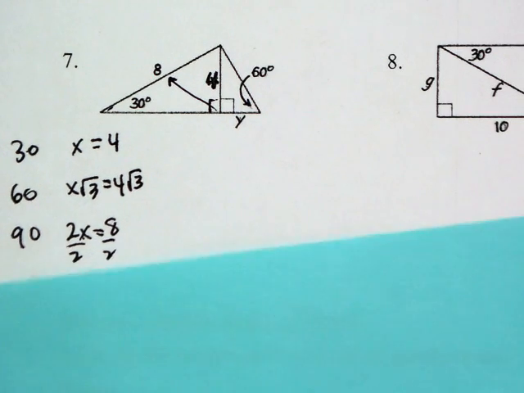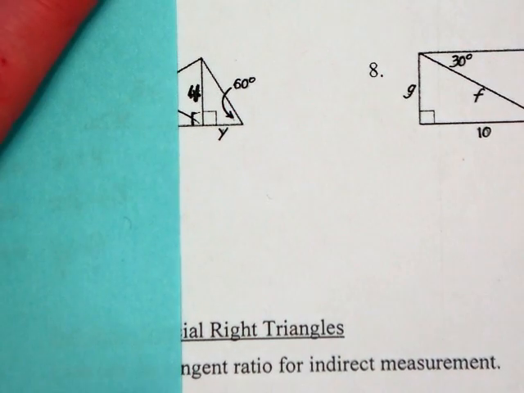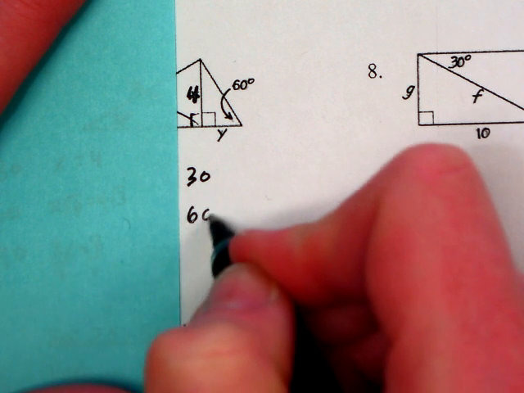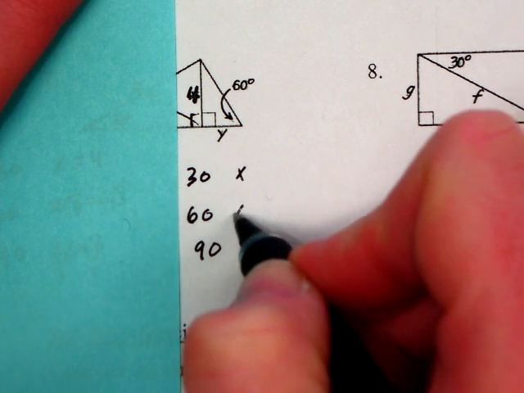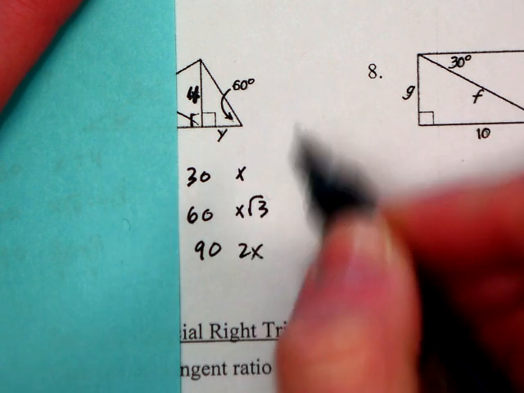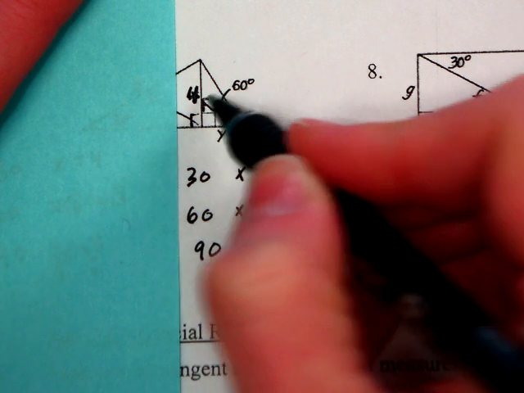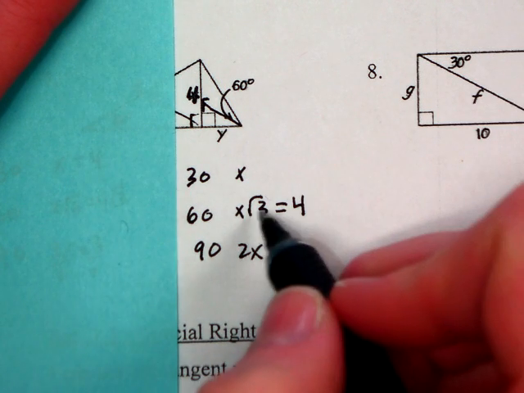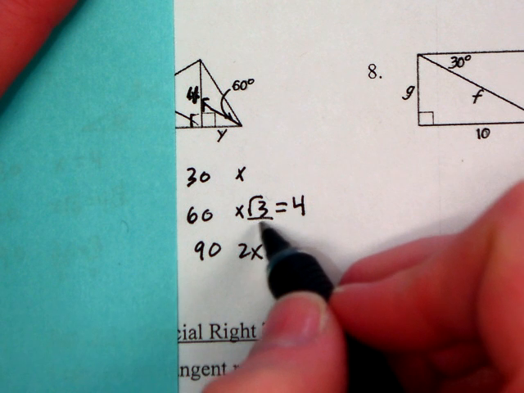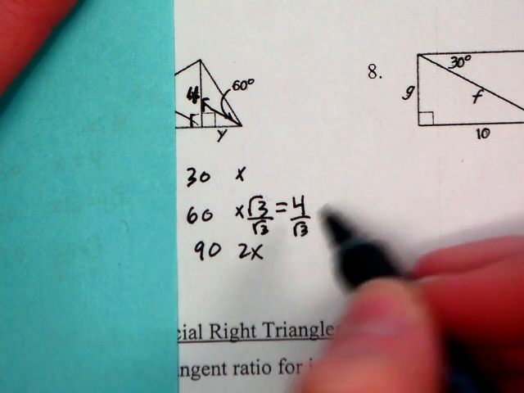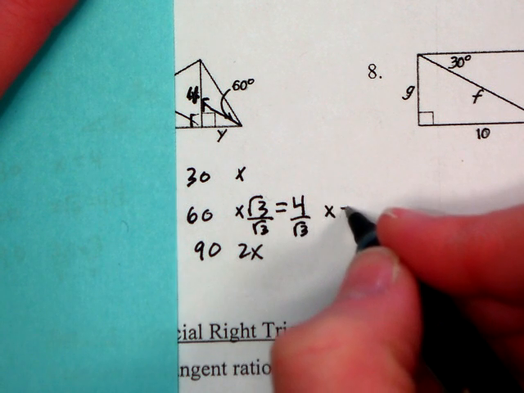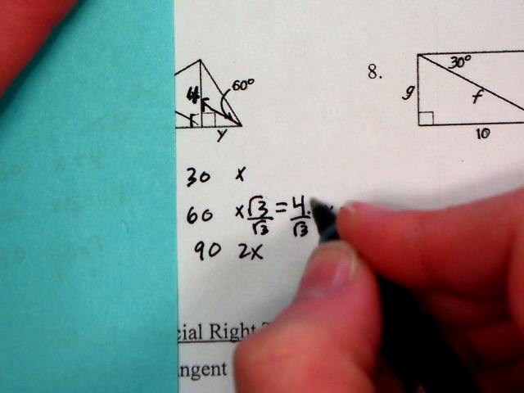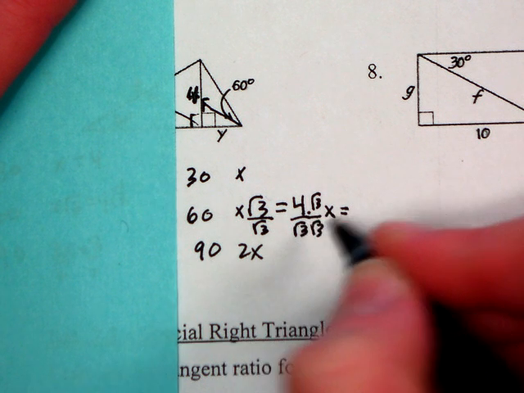And now we're going to move over to the other triangle. 30-60-90, x, x square root of 3 and 2x. What we have right now is the side across from 60. So that's not helpful at all. So we're going to go ahead and divide by square root of 3. So x equals, and we don't like square roots of 3 in the bottom, so we're going to put one on the top and the bottom.